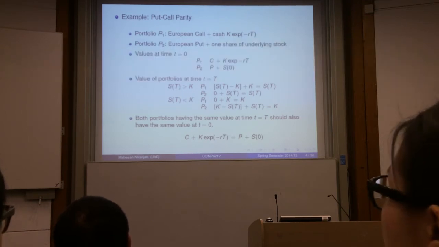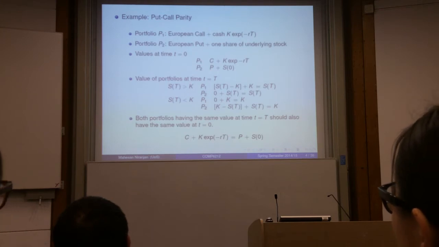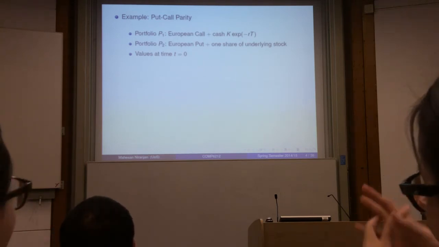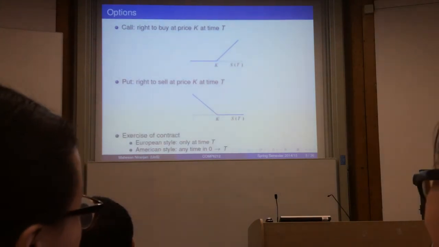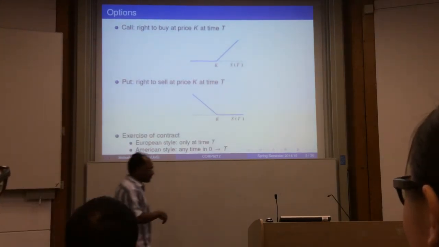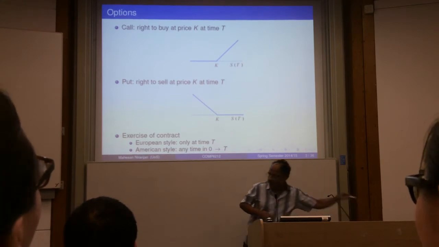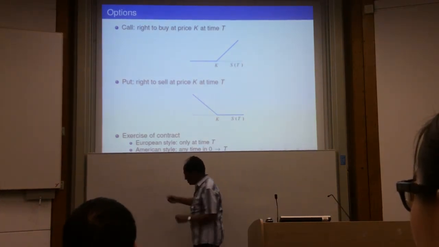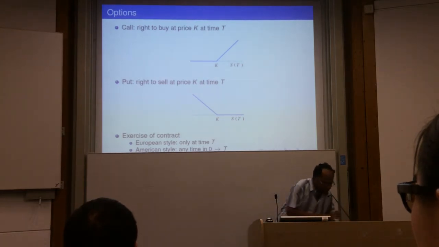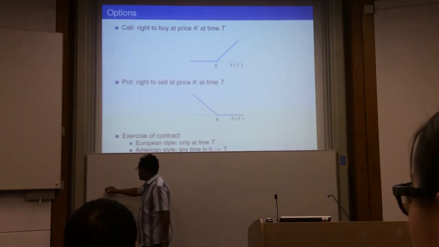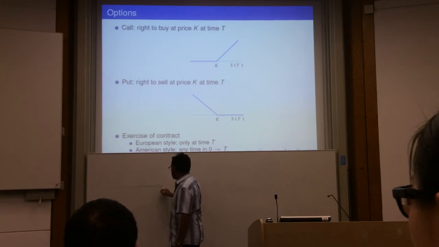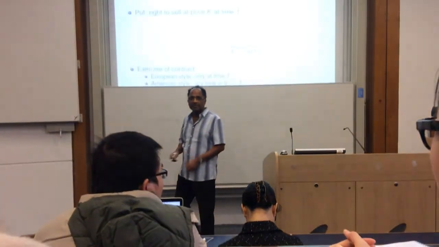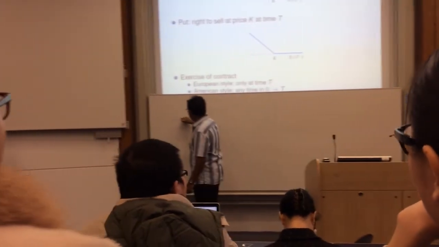Sorry, I don't think I quite understand call and put options. Okay, go back. So here is time, and I have an asset S, whose value is fluctuating.